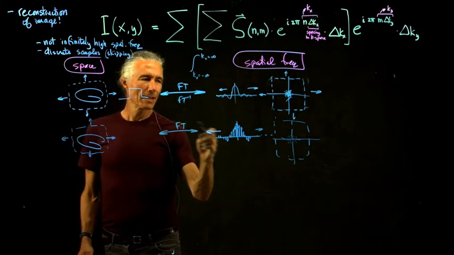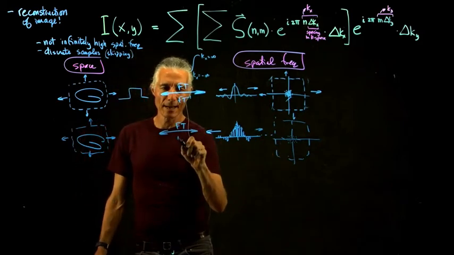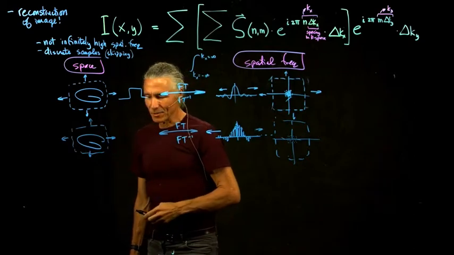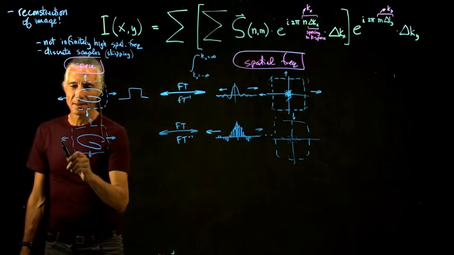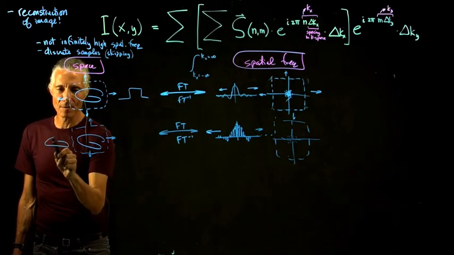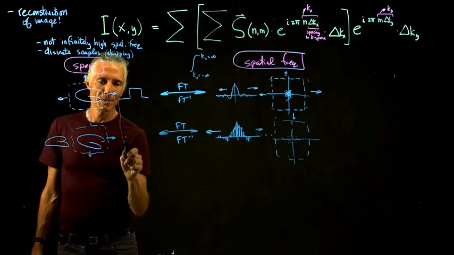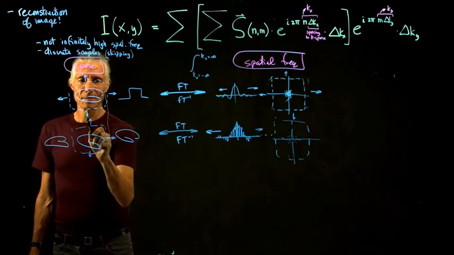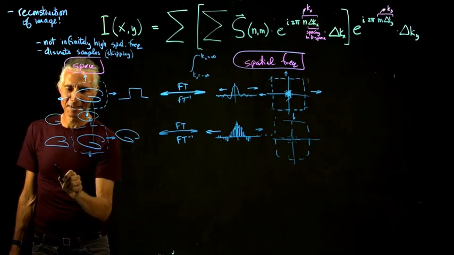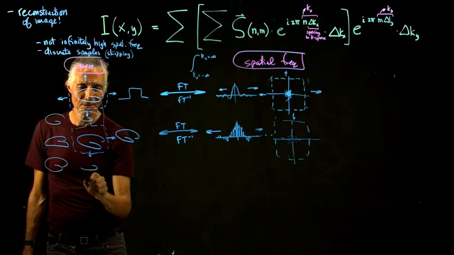If we take discretely sampled data like that and do an inverse Fourier transform, it introduces replicas. What does that mean? That means there'll be another copy of the brain over here, and another one over here, and another one over here. So there'll be a whole array of brains.